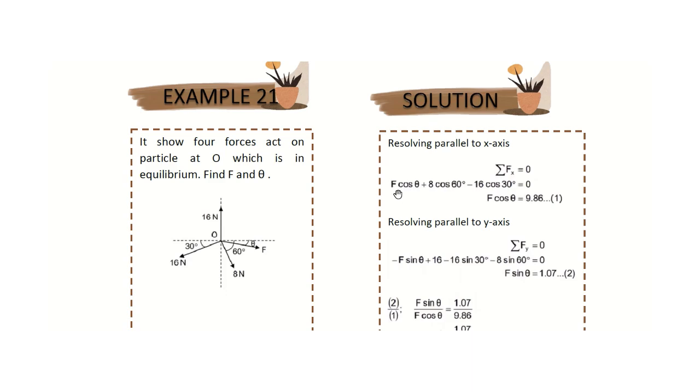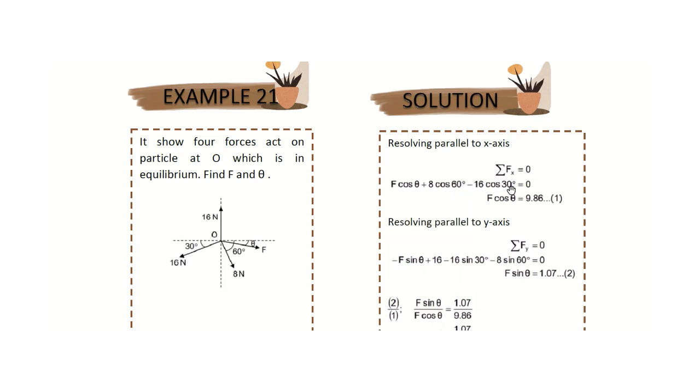So find the component of x, the component of Fx. First we have force F here, for the x component we use the formula F cos theta. This one is the component for force F cos theta, and then here the component for 8 Newton with angle 60 degrees, so plus 8 cos 60 degrees.